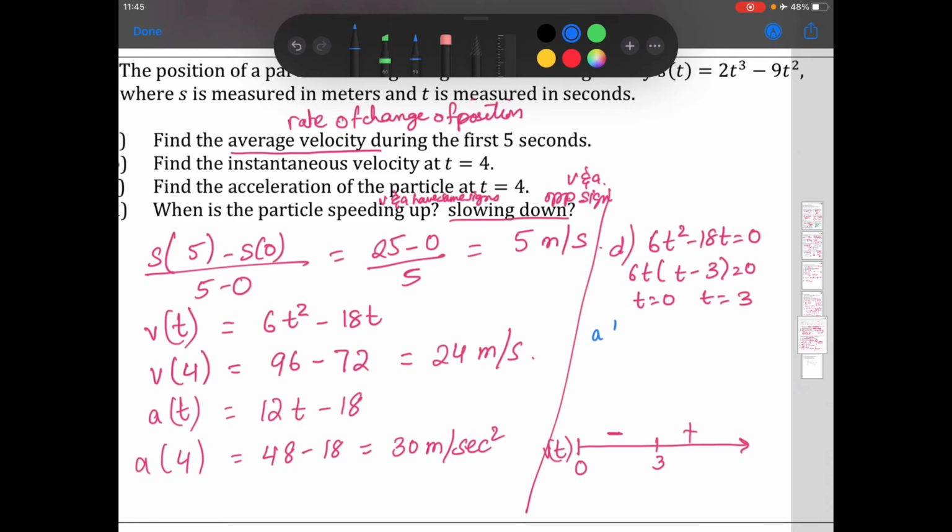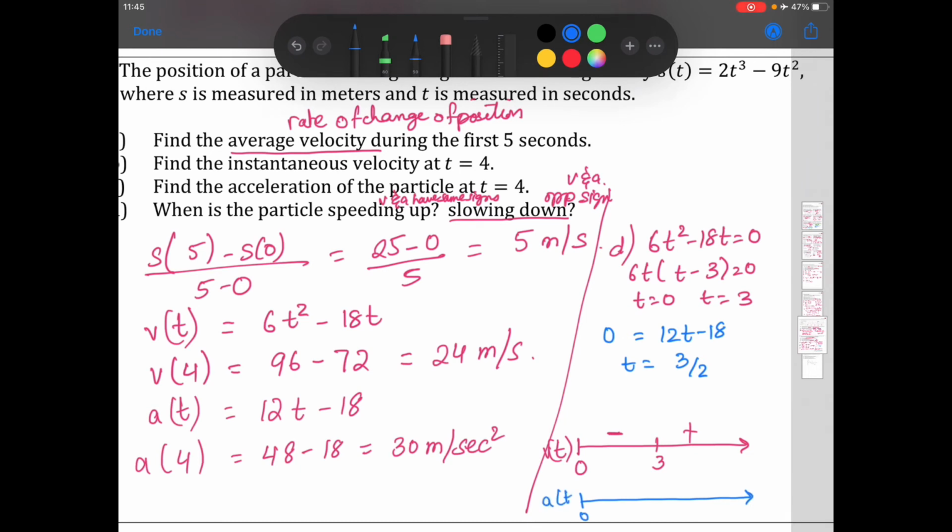I'm going to do a similar thing for acceleration, set it equal to 0. So 0 is equal to 12t minus 18. So t is equal to 3/2, right? I'm going to put the acceleration number line right under velocity.